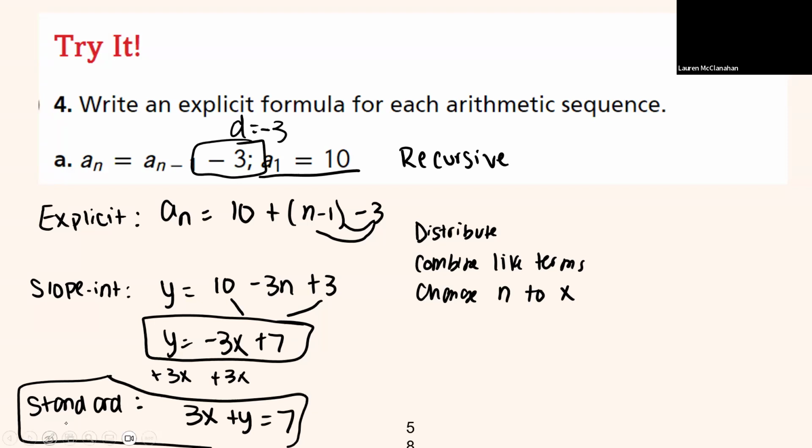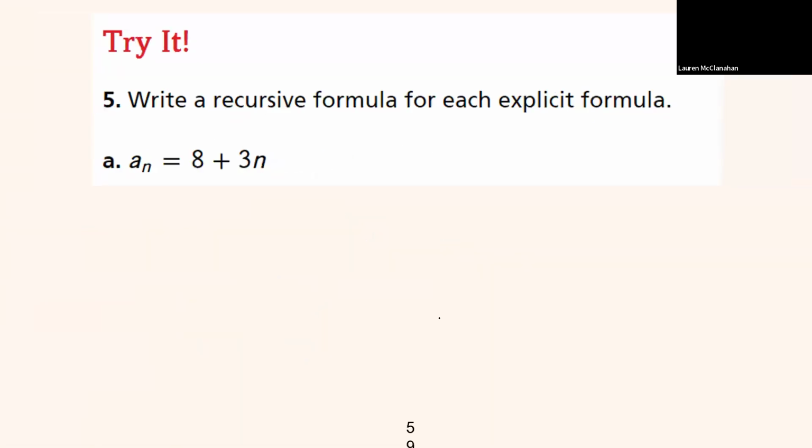Okay. Moving on. We're going to do a try it 5A. So right below where we just were, try it 5A. This is given to us in explicit. So out next to this one, I want you to go ahead and write that as an explicit form.